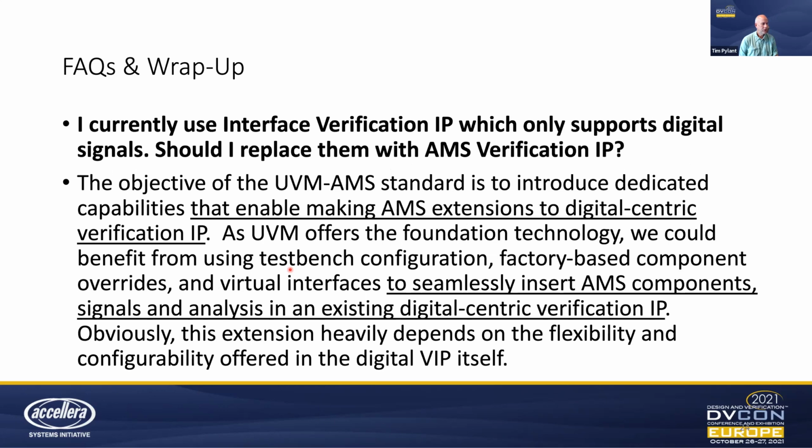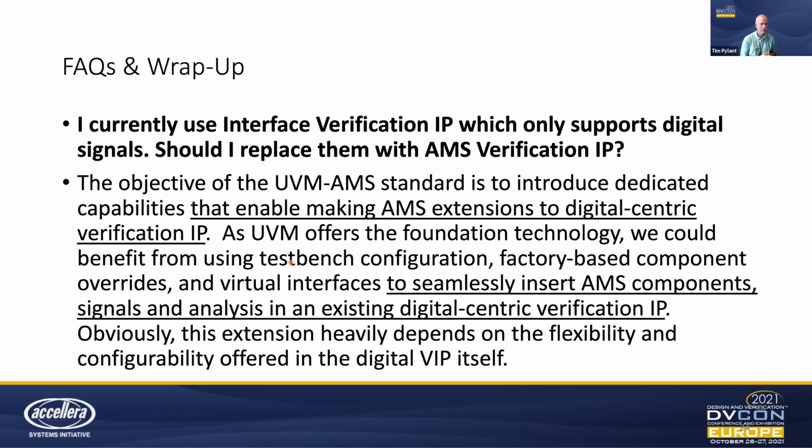Another question: I currently use interface VIP, which supports only digital signals. So the objective here is to make AMS extensions to digital centric VIP. As you can see from some of the examples, it works very similar. If you're staying in the digital or real number arena, things work very much the same.